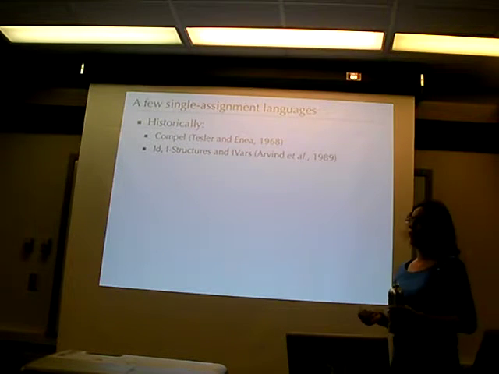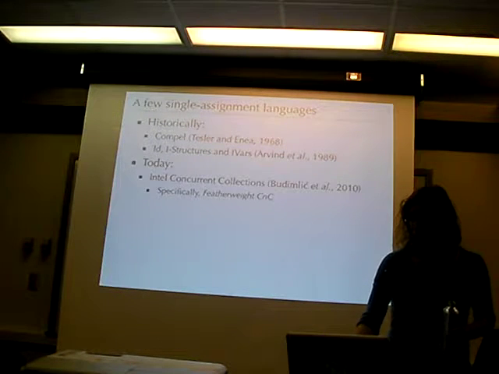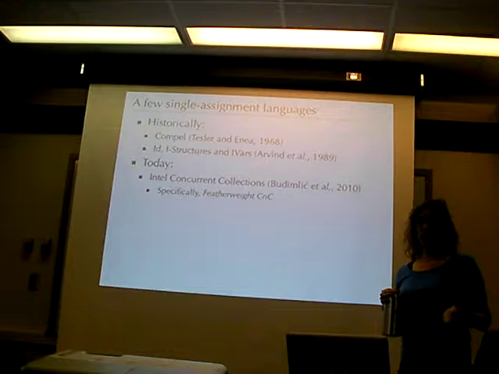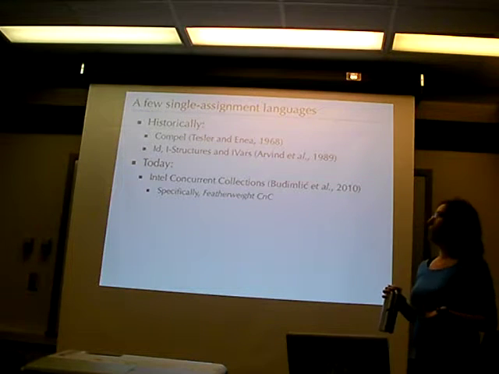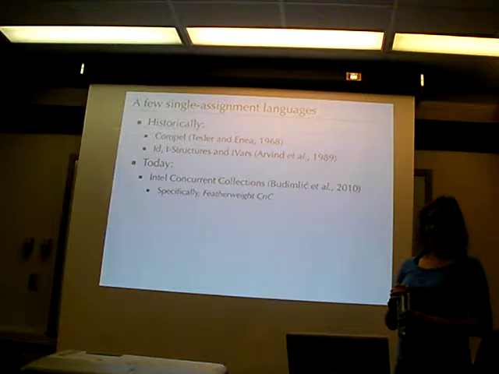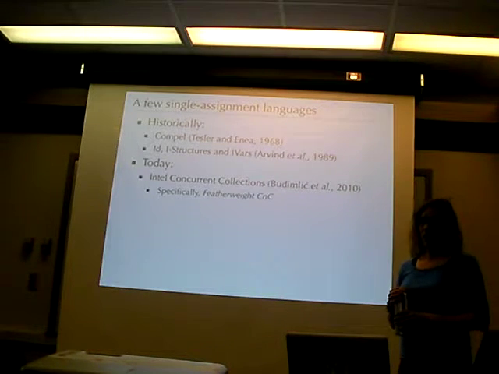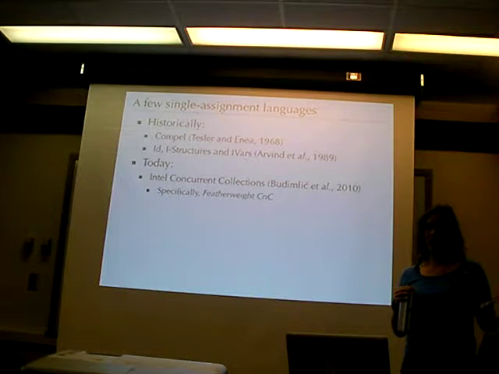And single assignment is still very much in use. I'll mention a couple of brief examples: the Intel Concurrent Collections system, or CnC for short. I'm not exactly sure why it's called CnC. It was an Intel marketing idea. But CnC is somewhere in the fuzzy space between a library and an embedded DSL.